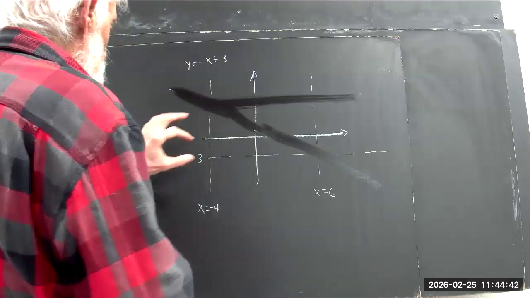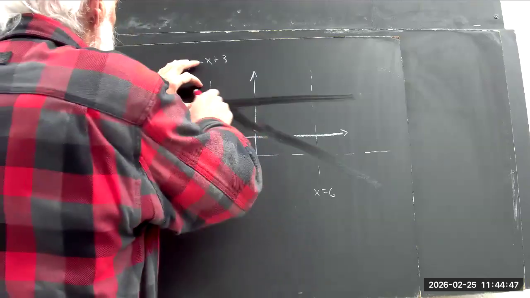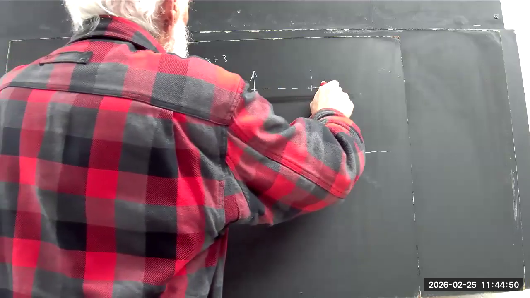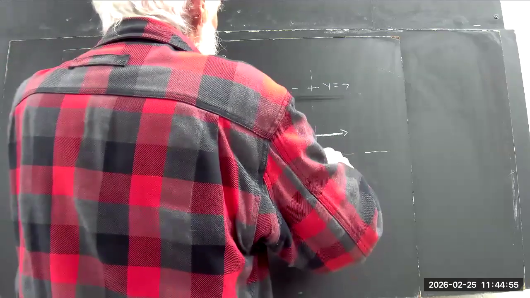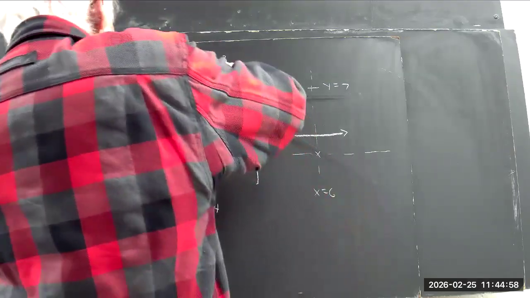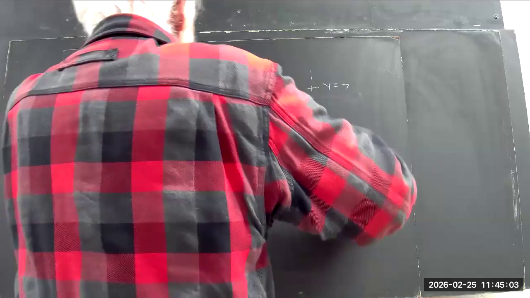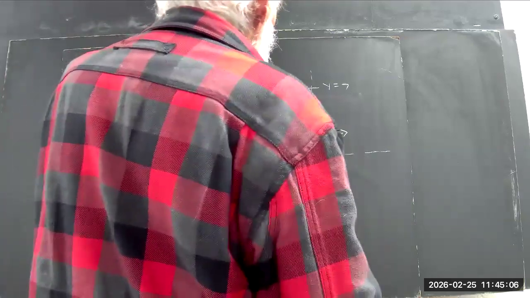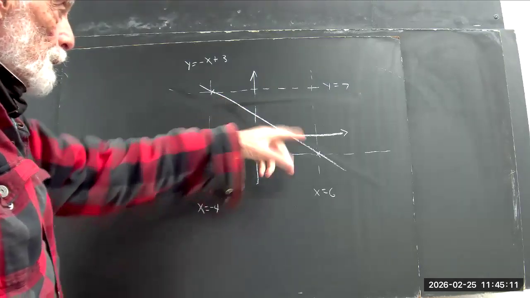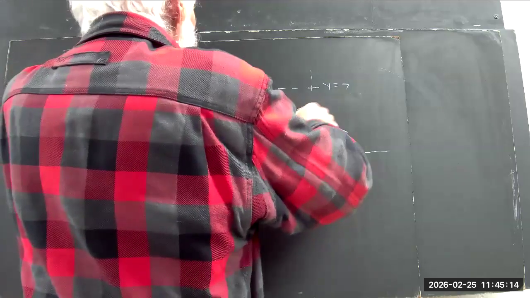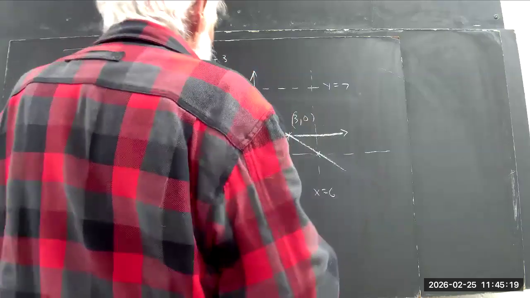Okay. This is -3. Here's 3, 6, 9, and 7 ought to be up more like here. So when I draw the line through these points, the x-intercept is going to be closer to where it should be. I think maybe I overcompensated because it's a little too far to the right this time, but here's the point 3, 0 that we found.